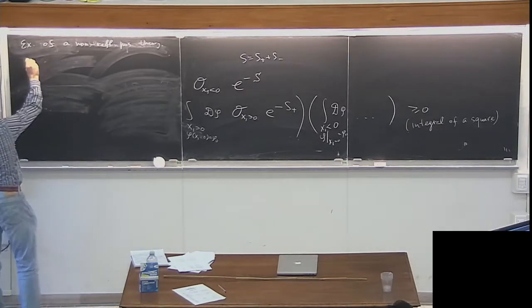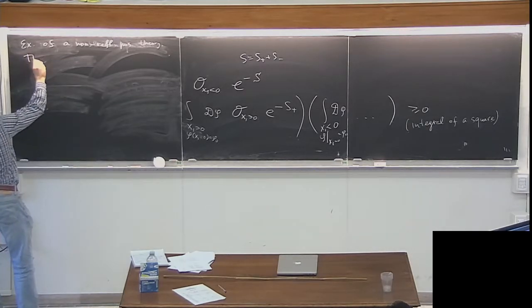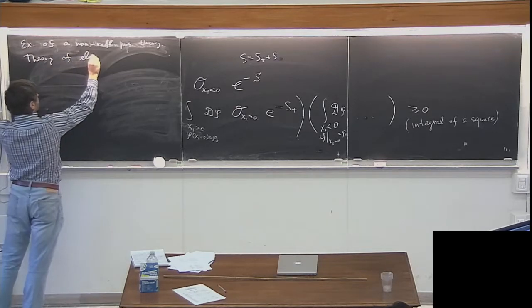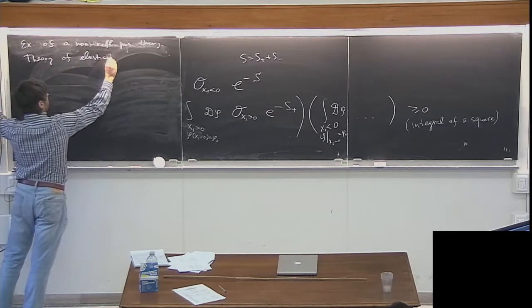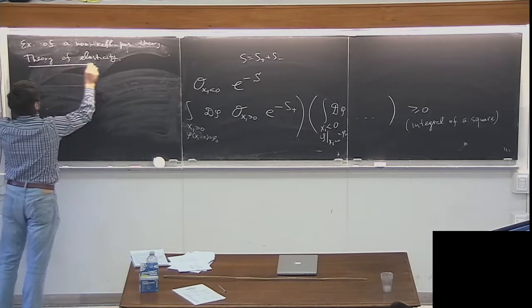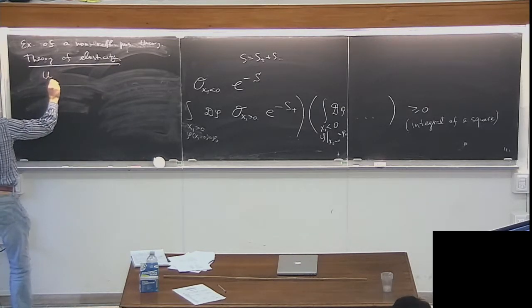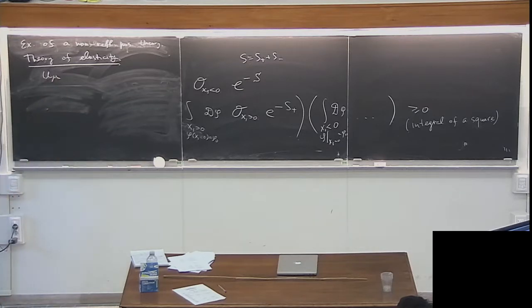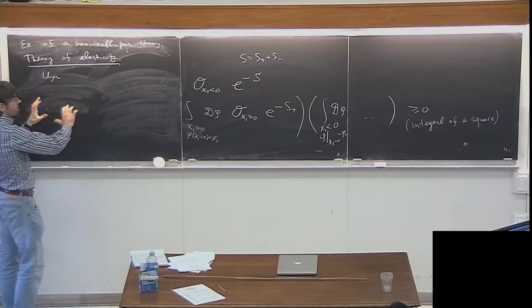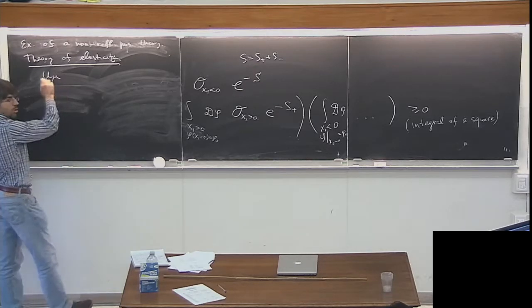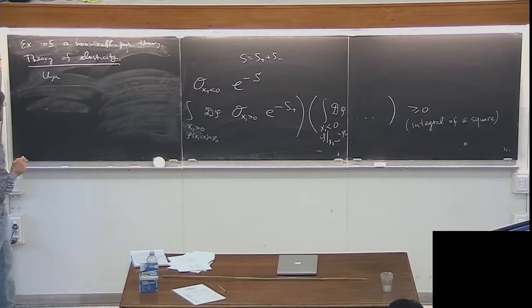So let's take the theory of elasticity. By this I mean a theory which has a vector field u mu, which you should understand as follows: you have some elastic medium, and u mu is a vector of a local deformation of this medium.